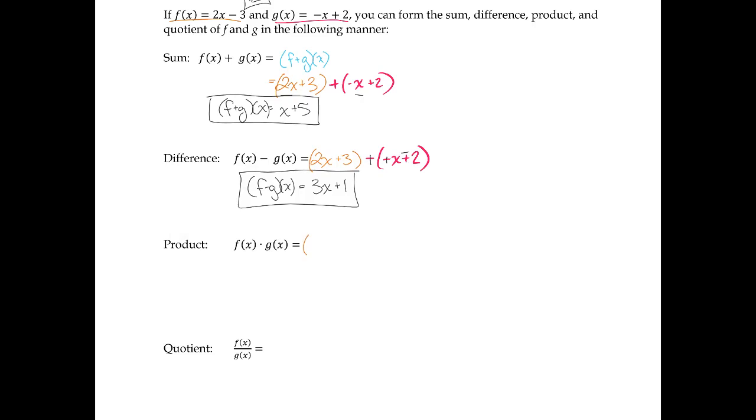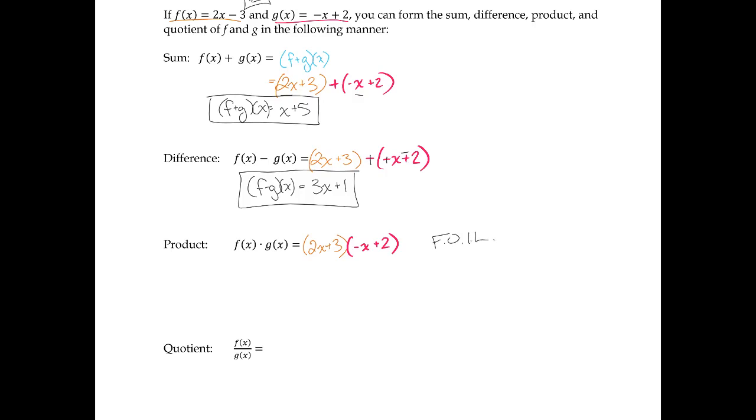well, we're doing the same idea. So we've got 2x plus 3. This time we're multiplying, product again, meaning multiplying, by negative x plus 2. Because we're dealing with 2 binomials, that means we're going to use FOIL.